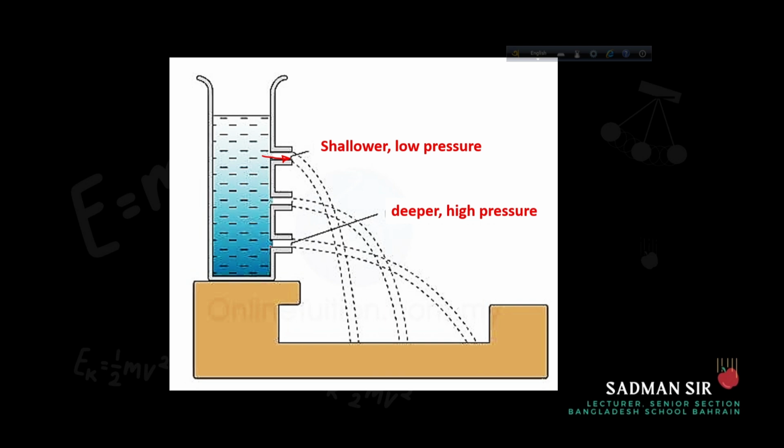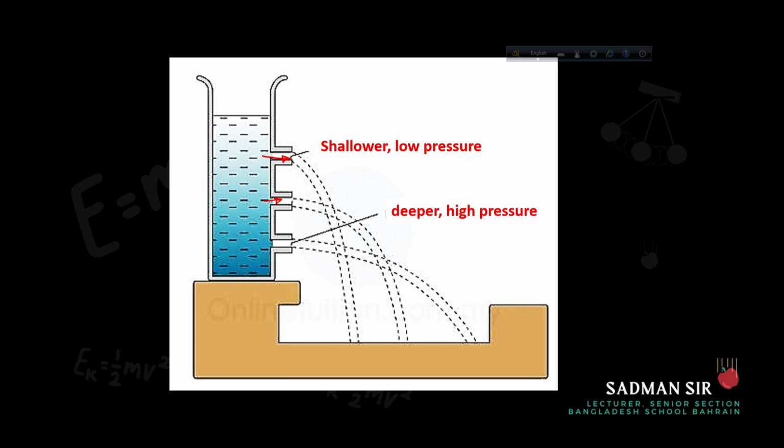Compared to other holes, the depth is less. So, as a result, the water is coming out at a very low pressure, correct? Less depth, less pressure. Now if I increase the depth, that means if I go deeper, let us consider this hole now. What we can see? We can see the water is coming out at a little bit more pressure, and that is why it is traveling a little bit more distance than the first stream, correct?